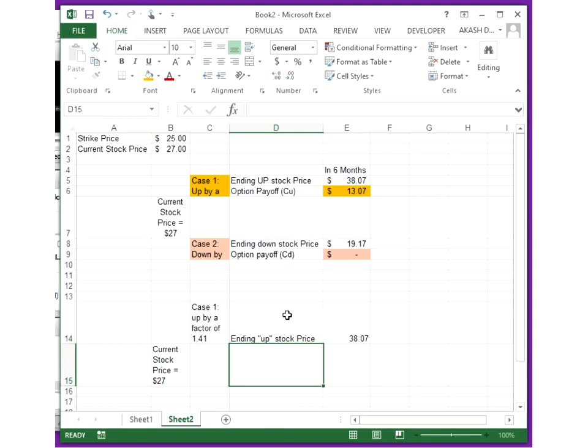So in this case it is 27 multiplied by 1.41, which is 38.07.